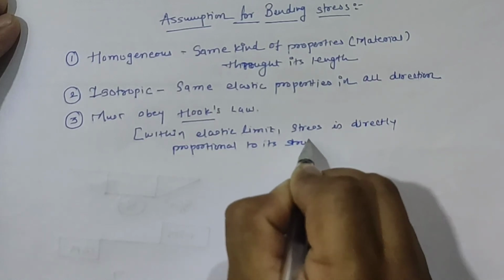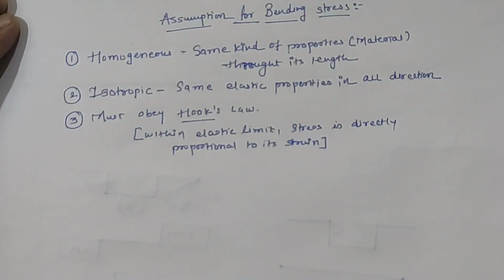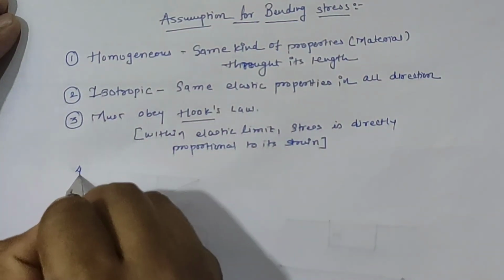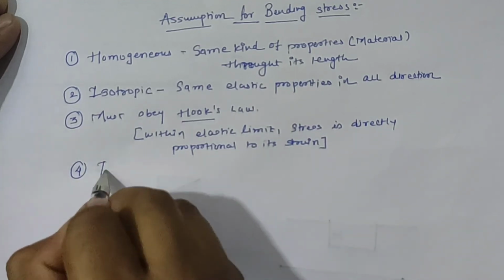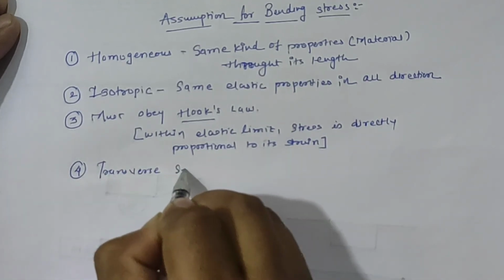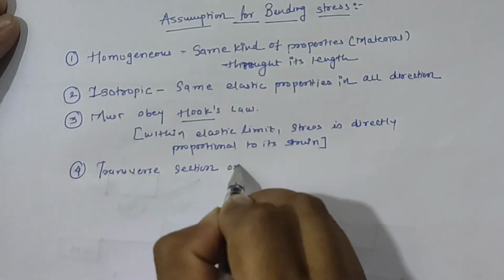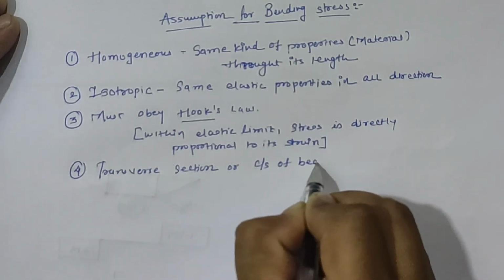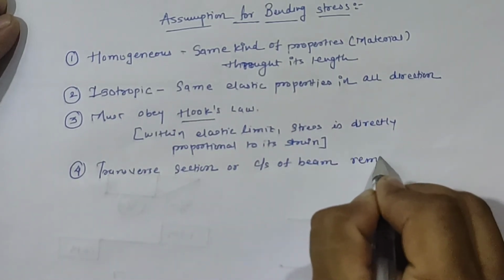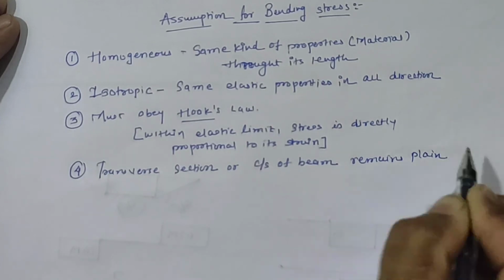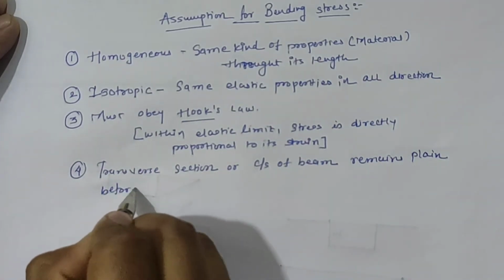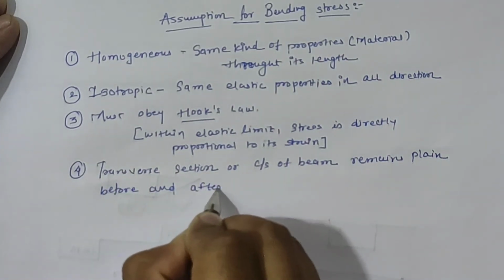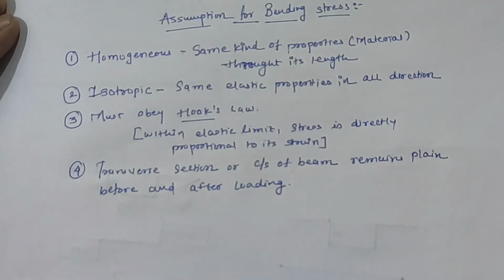So the material must obey Hooke's law as a third assumption. The next assumption is that the transverse section, or the cross section of the given beam, must remain plane, or we can say straight, before and after loading on the beam.